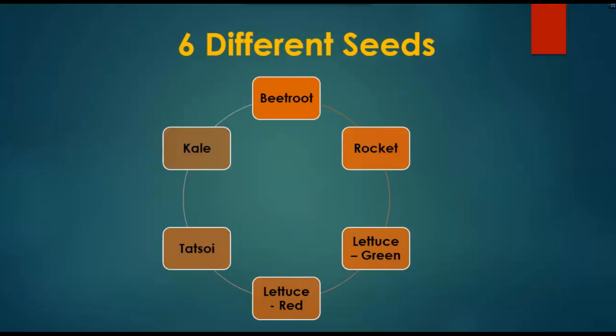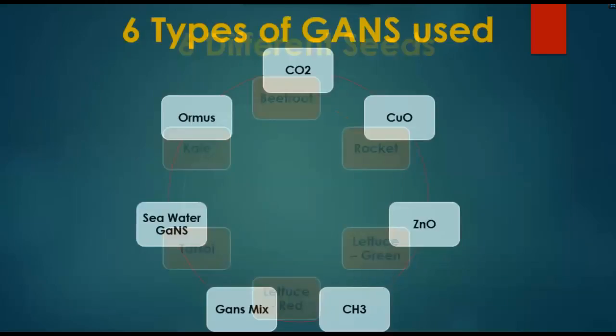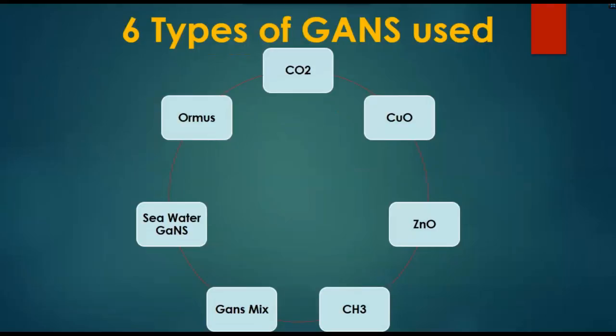So what I'd done was I took quite a variety of different seeds: some beetroot and rocket, some lettuce, the green and red lettuce, tatsoi, and kale. So it was a good variety of different types of seeds, summer and winter varieties. Then I used different types of GANS.